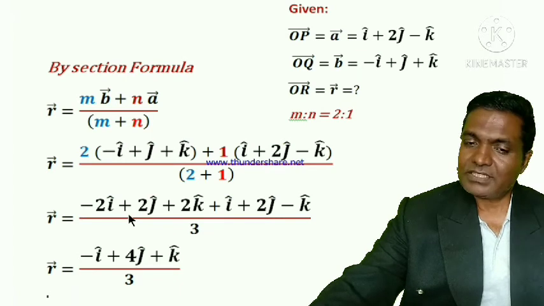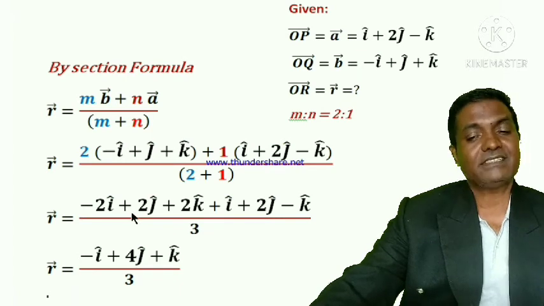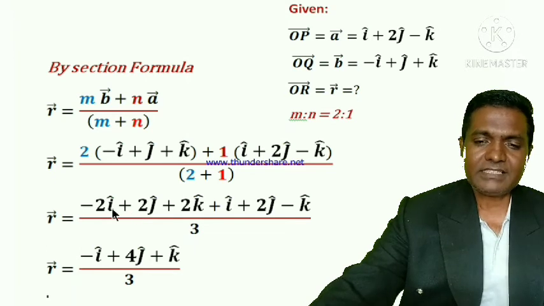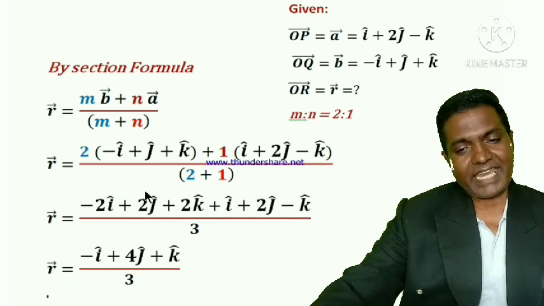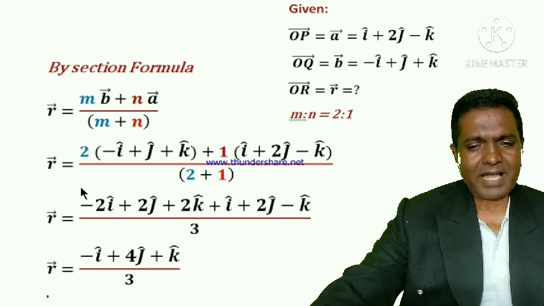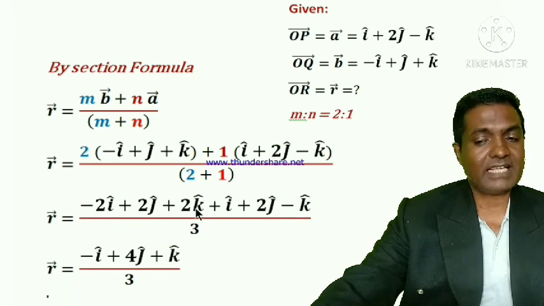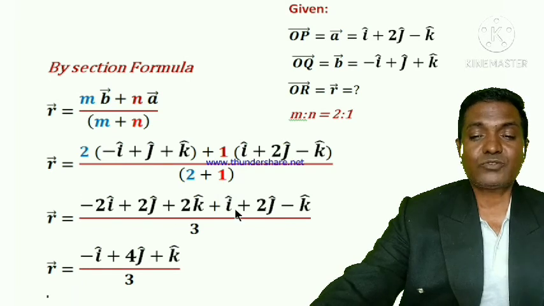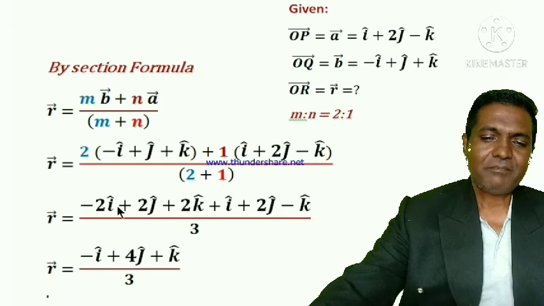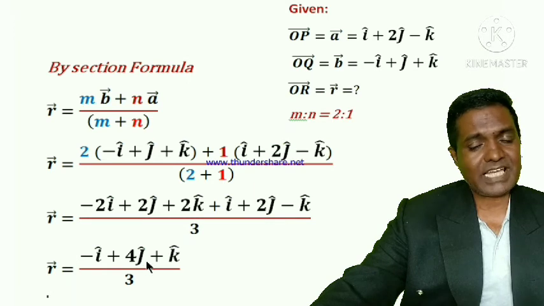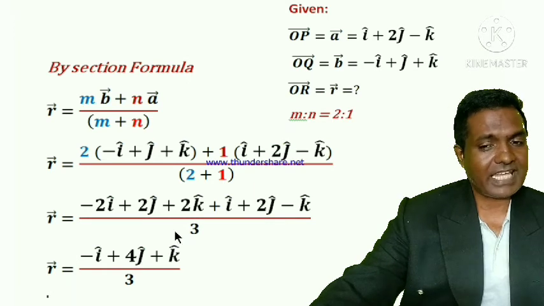Now as we add vectors component wise, here also we can add i terms, j terms, k terms. Now look at this, minus 2i cap plus i cap is equivalent to minus 2 plus 1, that is minus 1, so minus i cap. 2j cap plus 2j cap is plus 4j cap.